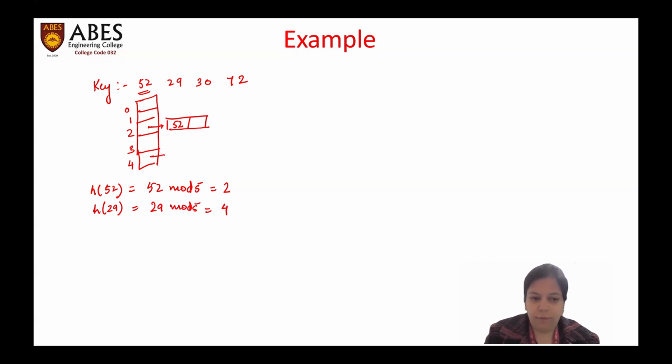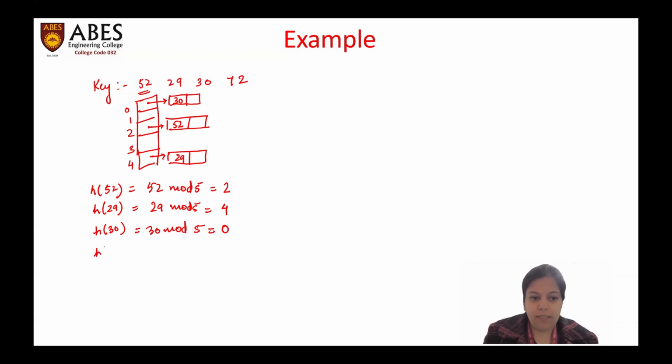So here again we will make a linked list, and the node will have the value 29. In order to map value 30, we can see that this value 30 will be mapped at index 0. So here we will create another linked list at index 0, and this will store the value 30.